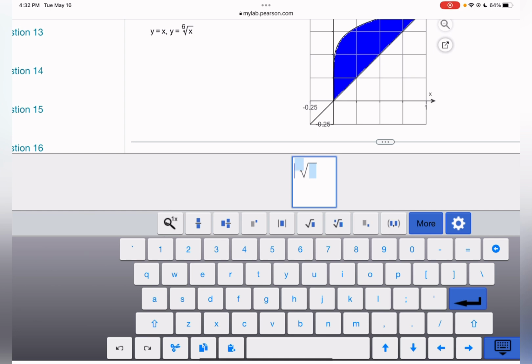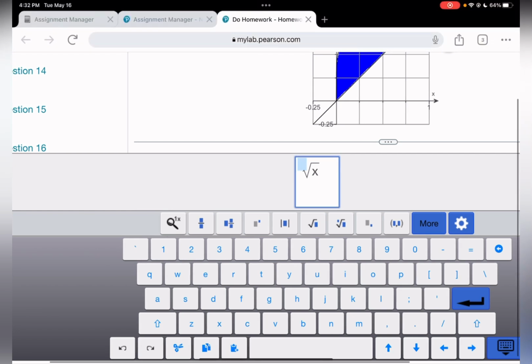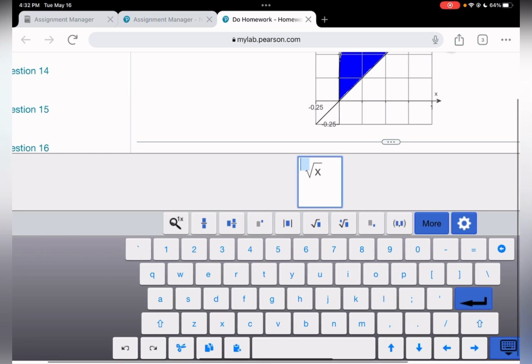How can I get, this is going to be x, and this is, how to get to 6. Hallelujah. I got it. And minus x. Make sure your minus won't get under radical, otherwise you will get the wrong answer.